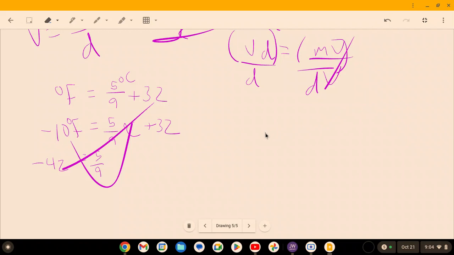Let's try it. Degrees C equals 5 over 9 degrees F plus 32. Negative 10 divided by 9 plus 32. Nope, that doesn't seem right. Okay, I don't remember what it is. Let's zoom up.